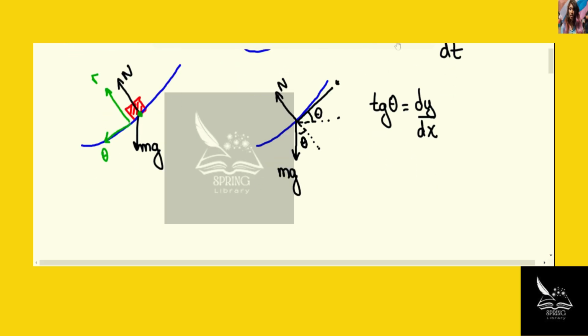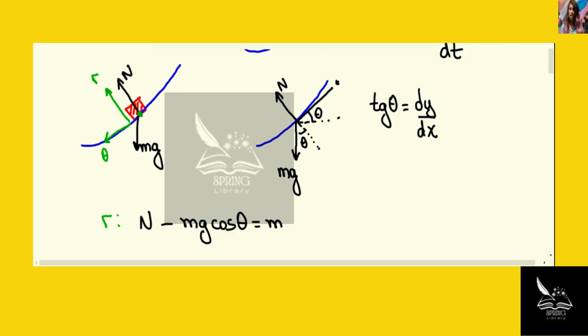Okay, so now we can decompose in r and theta coordinates. So in the r coordinate, we have the normal force N minus mg times the cosine of theta. And according to Newton's second law, this is equal to the mass times the acceleration of the particle in the r direction.